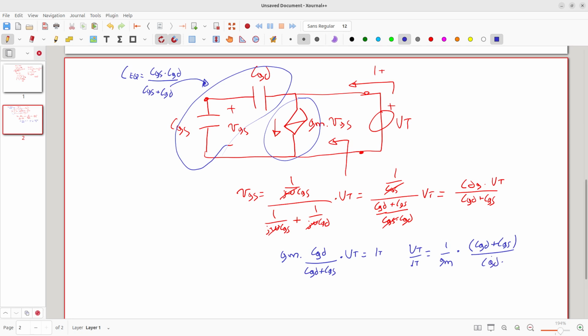So this is going to be this part here. This impedance I will call the equivalent resistance.